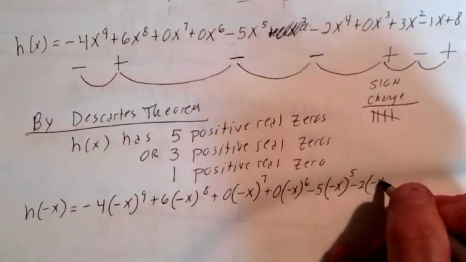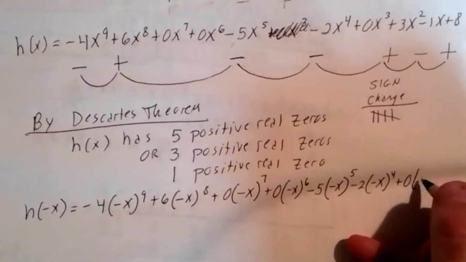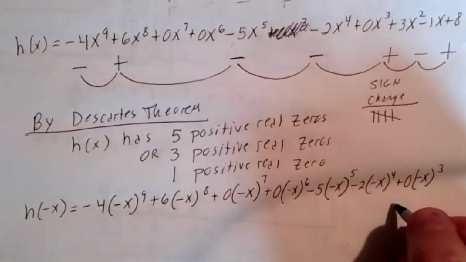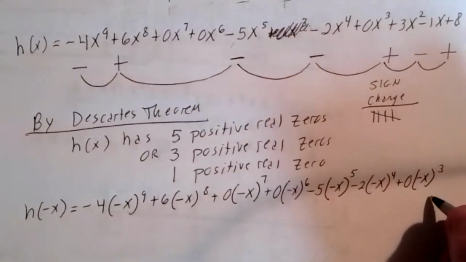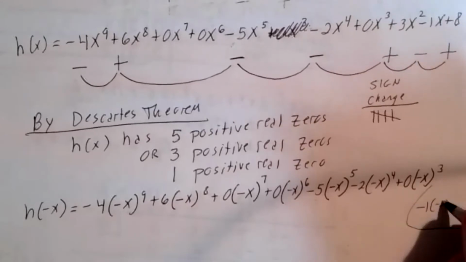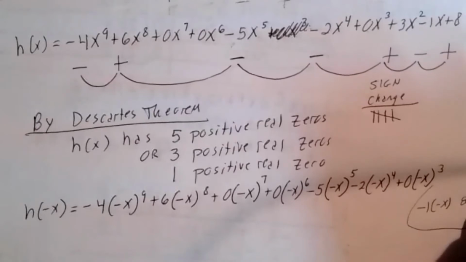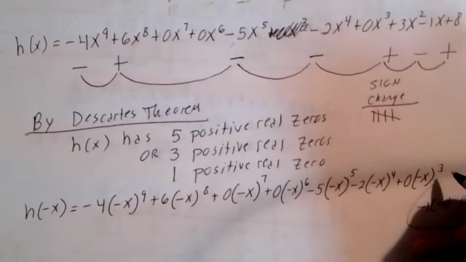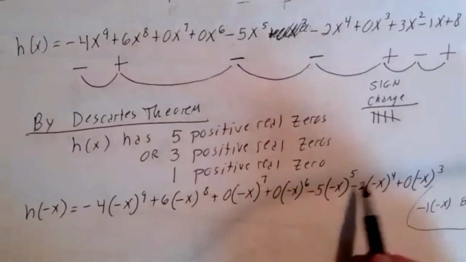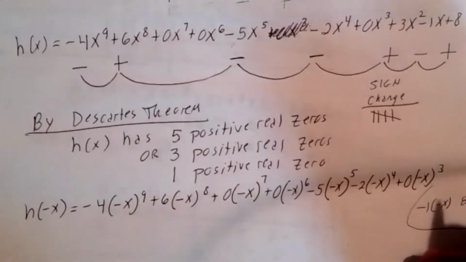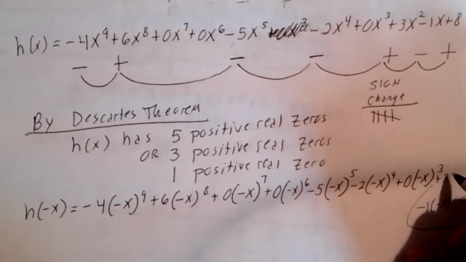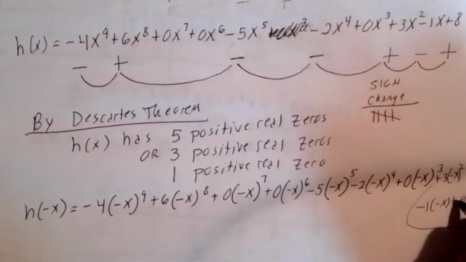Minus 2, negative x to the 4th, plus 0 times negative x to the 3rd. I'm going to wrap around here and say negative 1 times negative x, and then we got positive 8 here. This was 3x. We need our second degree term here. We've got to have our 3 times negative x squared in here. All right, and then we got that.